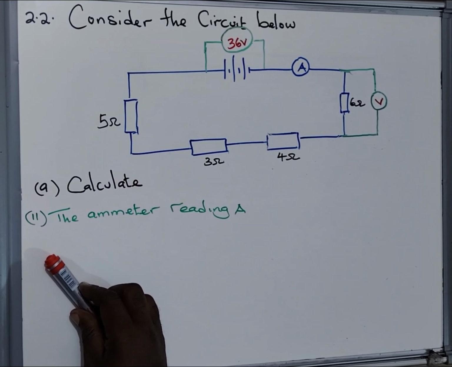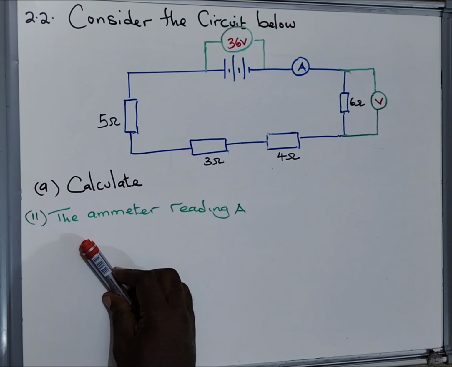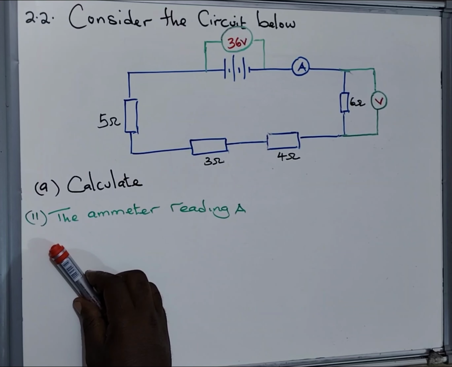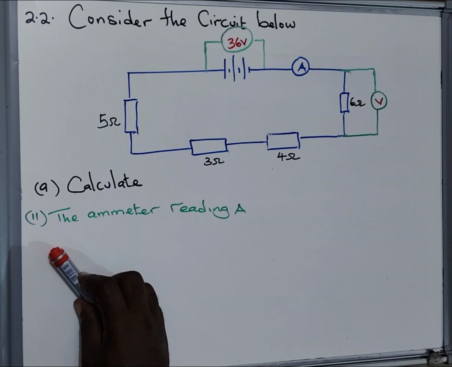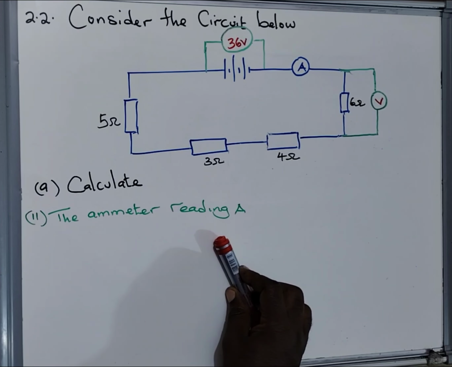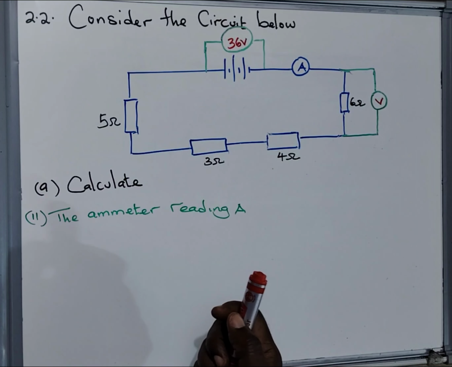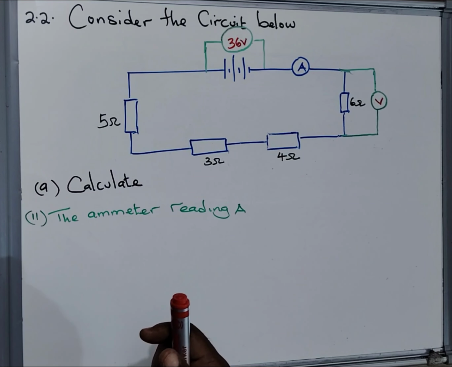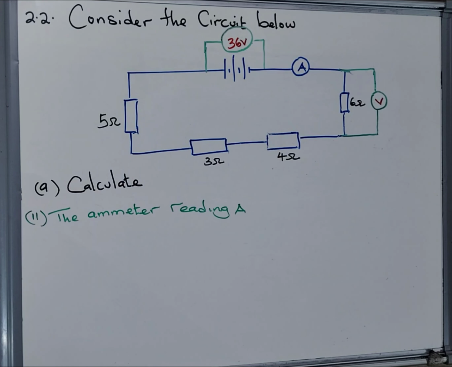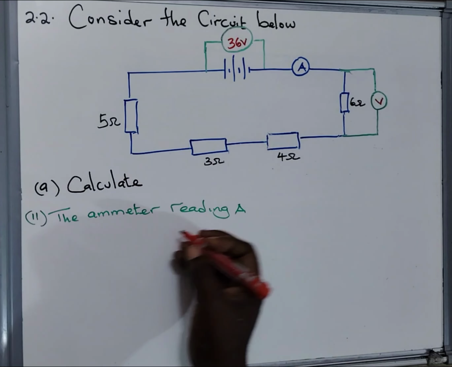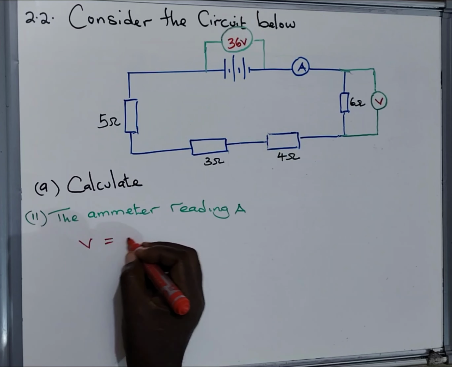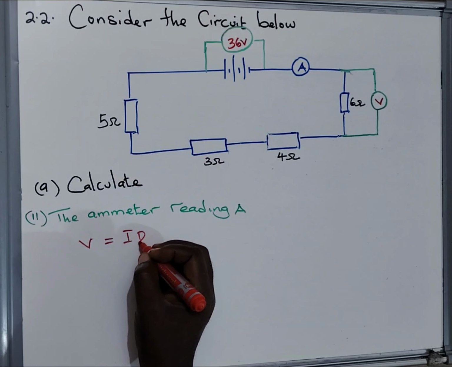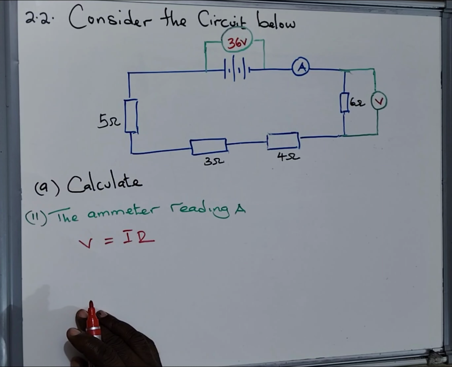So comes this one. It says, calculate the ammeter reading A. This is our A. And how do you go about that? We say V is equal to IR. That's Ohm's law.